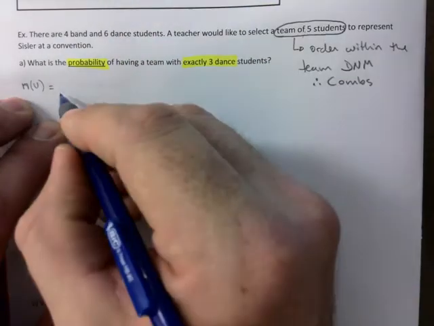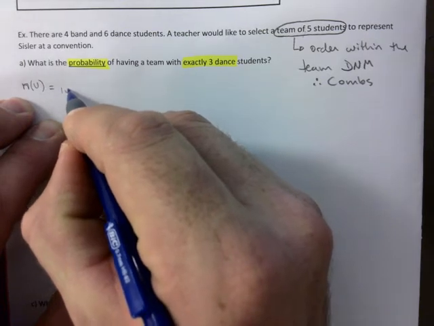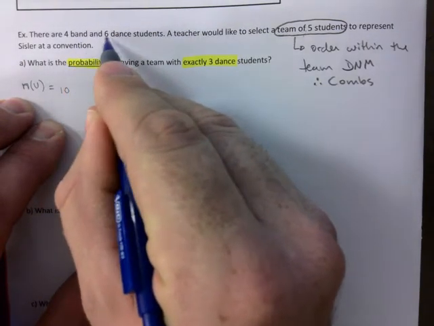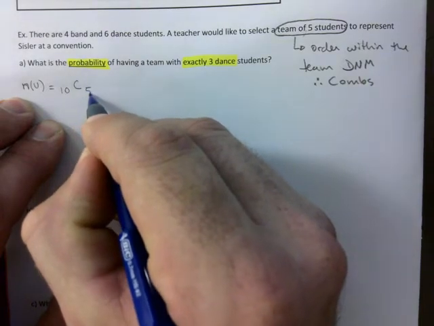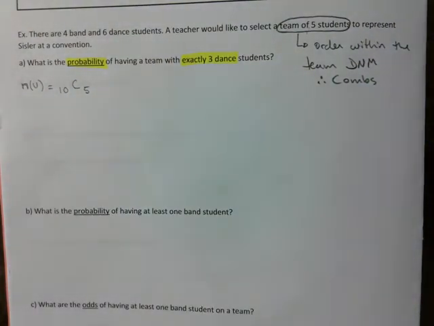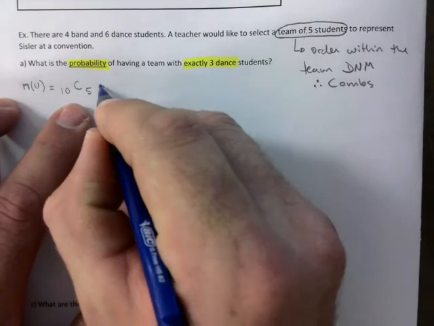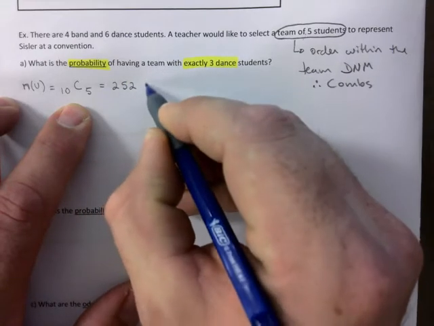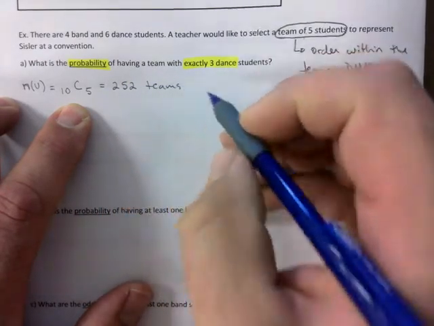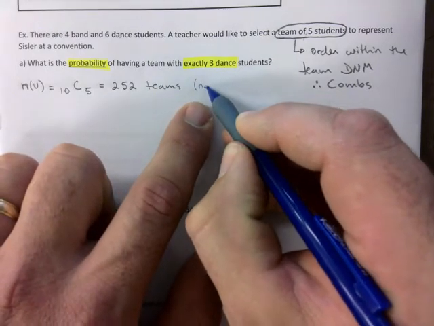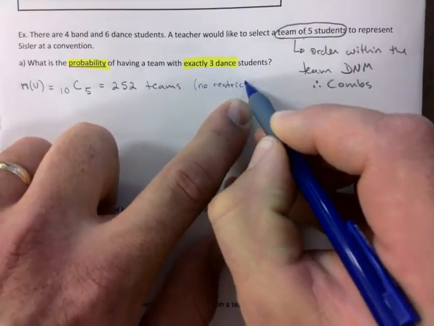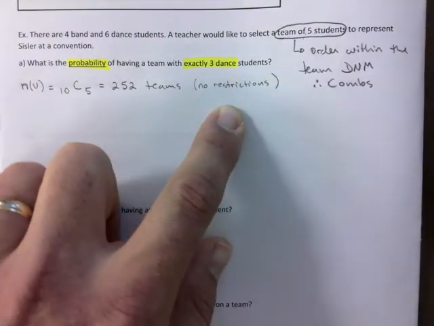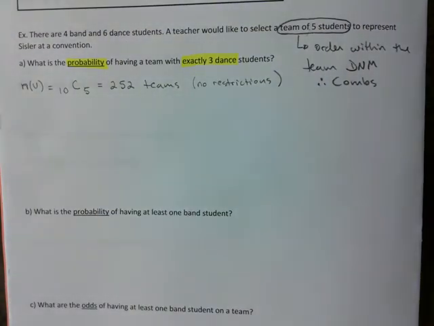Out of the 10 students that we have, 6 and 4 is 10, we're going to choose 5. Let's calculate that. If you type that in, you get 252 teams. No restrictions or conditions. If there's no restriction given to me, I could potentially make 252 different teams.